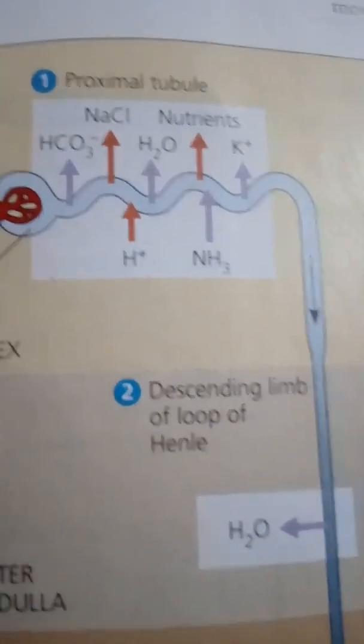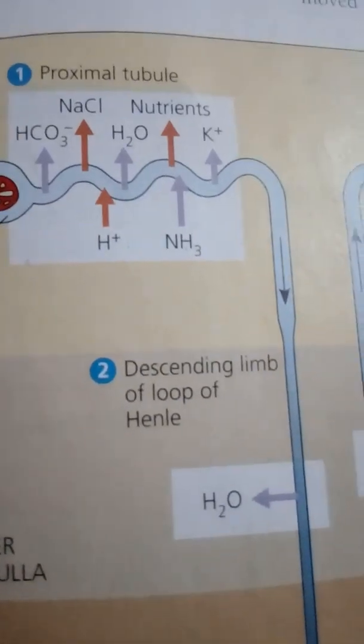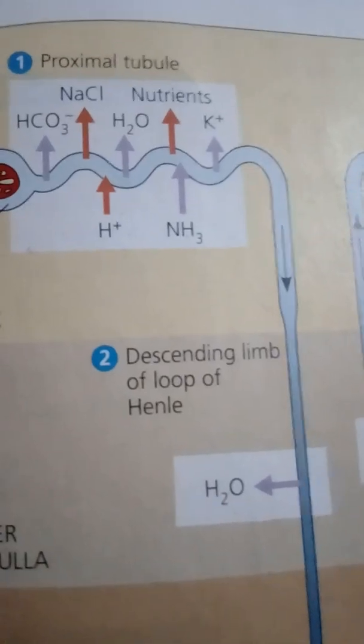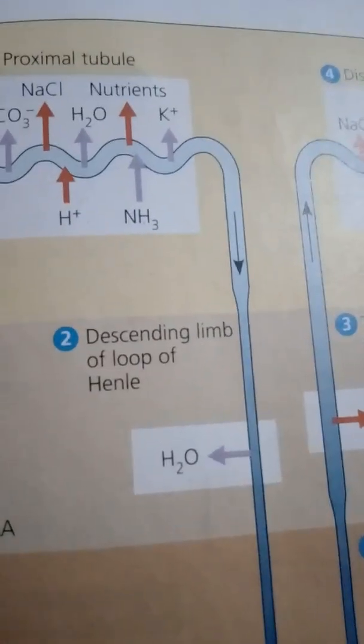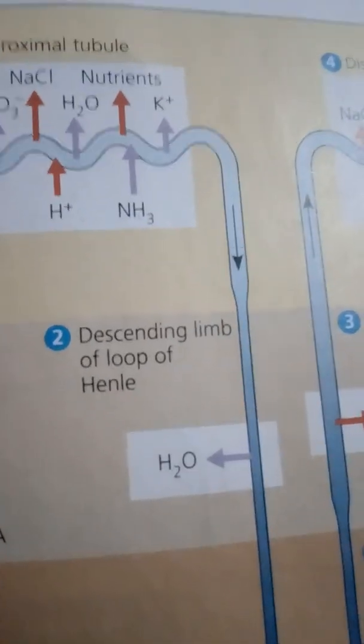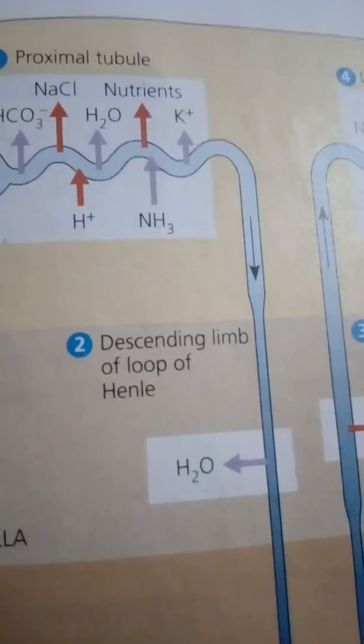Conversely, available nutrients, including glucose, amino acids, and potassium, K+, are actively or passively transported from the filtrate to the interstitial fluid and then are moved into the peritubular capillaries.